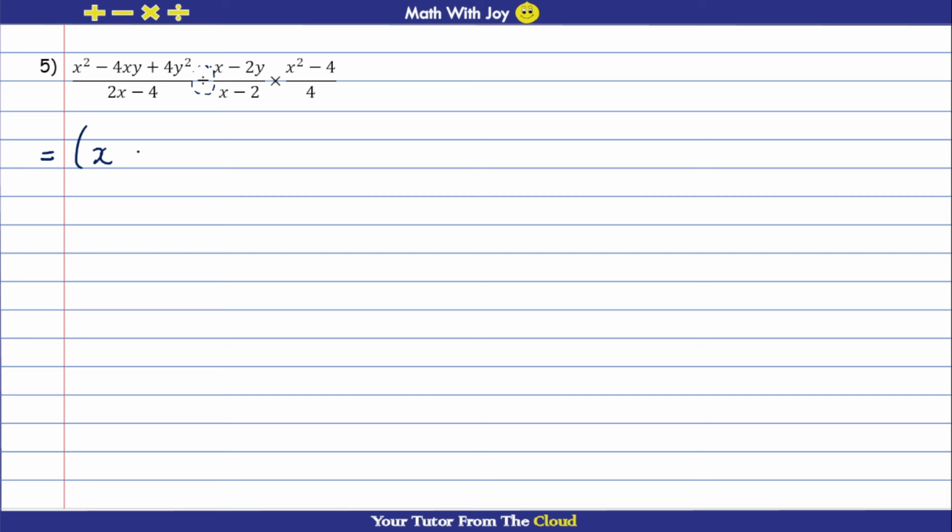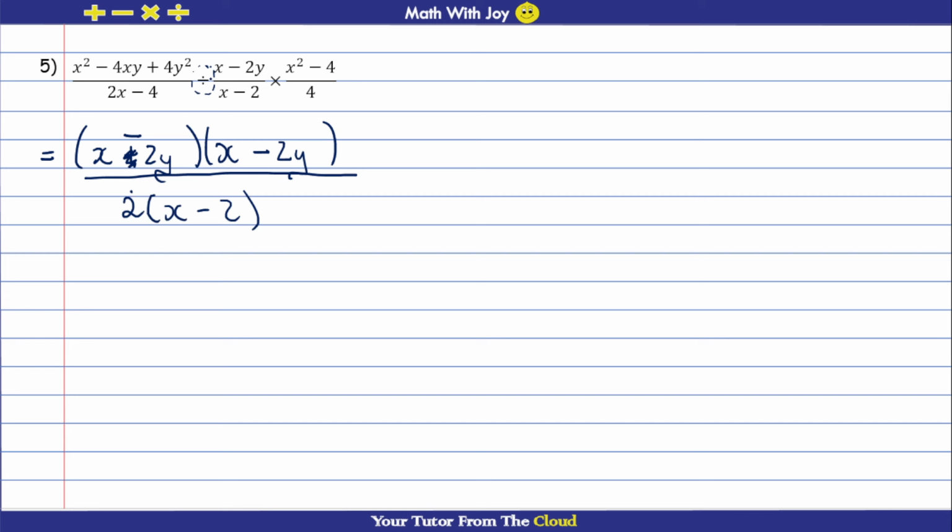We are looking for the 4. So we're going to have an x plus 2y bracket. And you're going to have an x minus 2y. That's what you will have when you factorize that. Okay. Then at the bottom, you factorize, you're going to be left with an x minus 2.